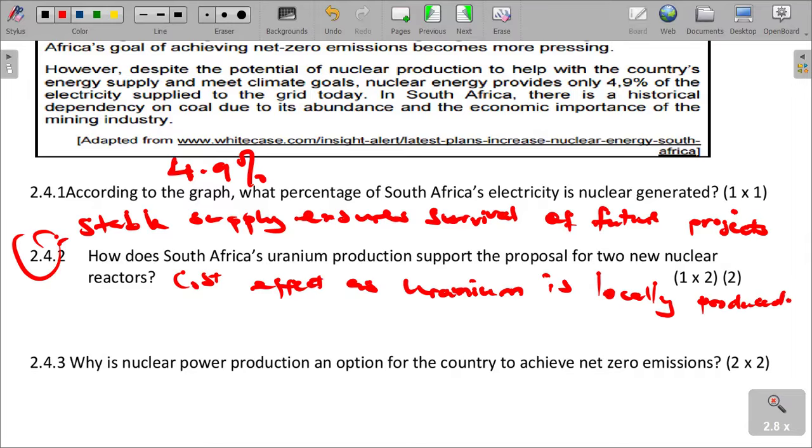Uranium is locally produced, so it supports the two nuclear reactors because it is cost effective, because it is locally produced.